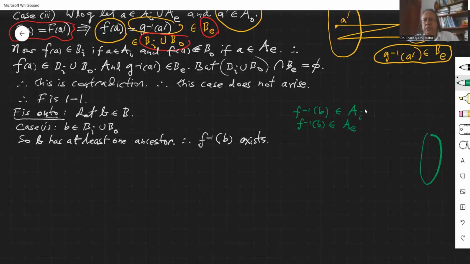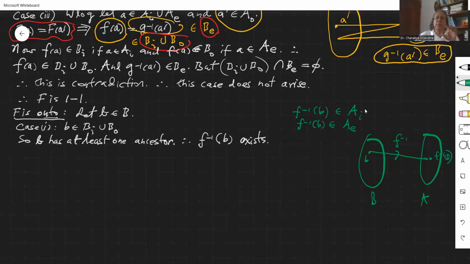So here A, here B, and this is b, and you go back via F inverse. So this is F inverse of b.